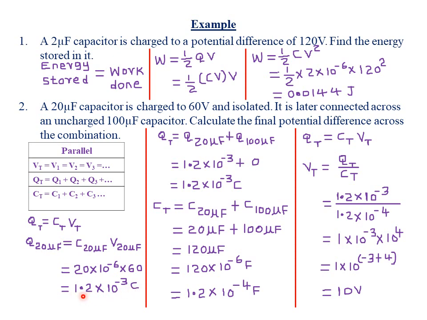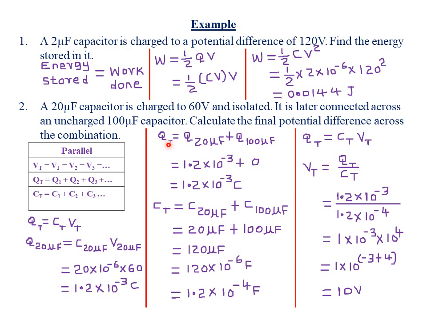I've just expressed it in standard form. So once we have the charge through the 20, we can now find the total charge, because remember, the only thing we need is the total charge and the total capacitance. Once we have those two, we will easily compute the final potential difference across that particular combination.